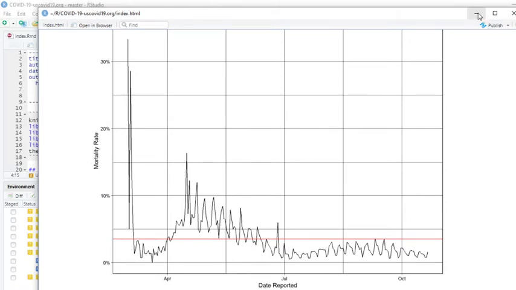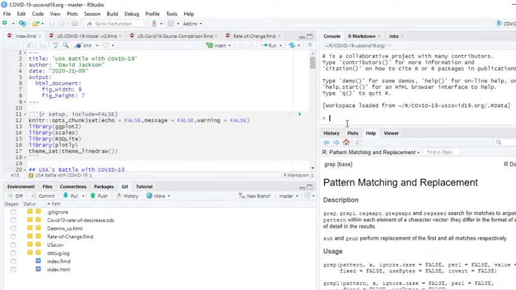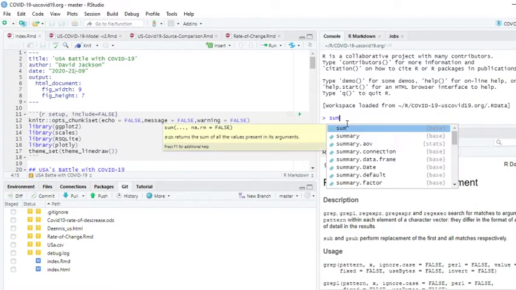Let's just see. What's the sum of cases?